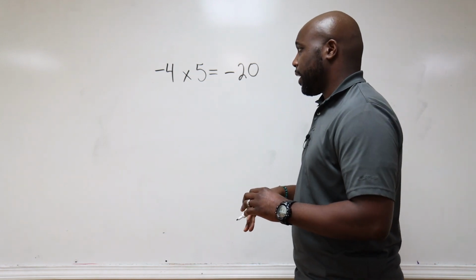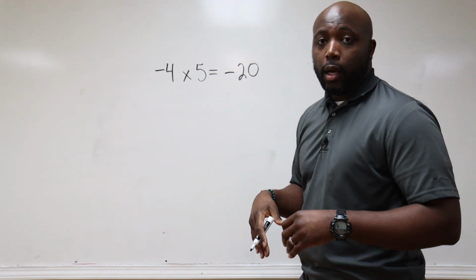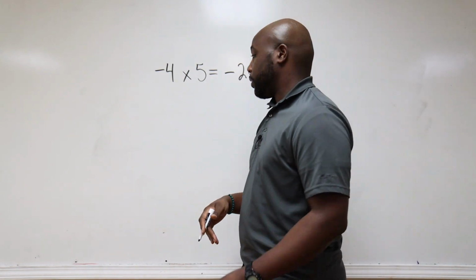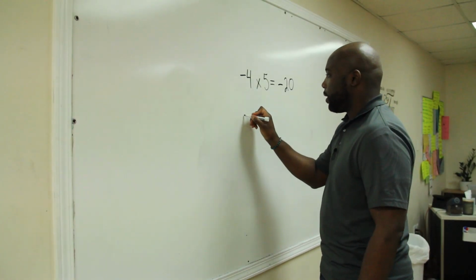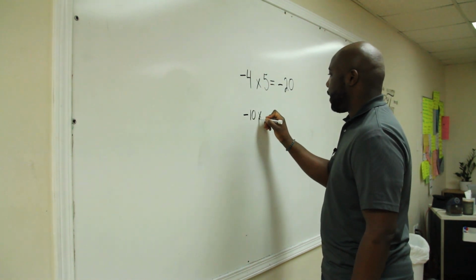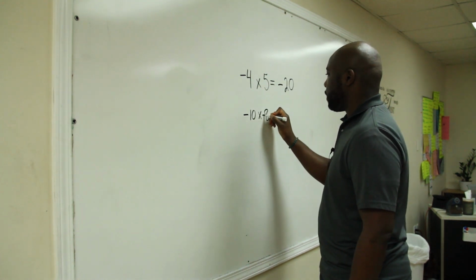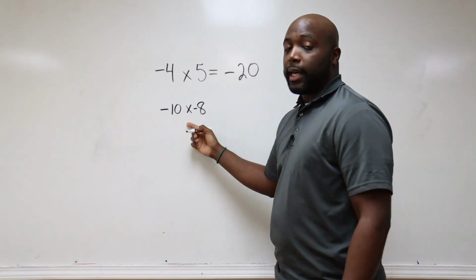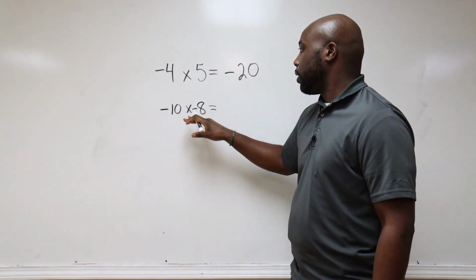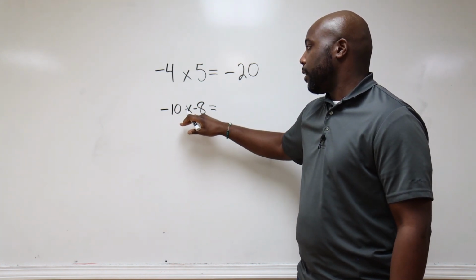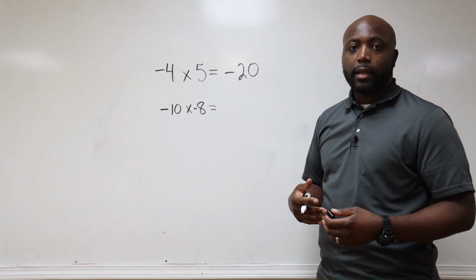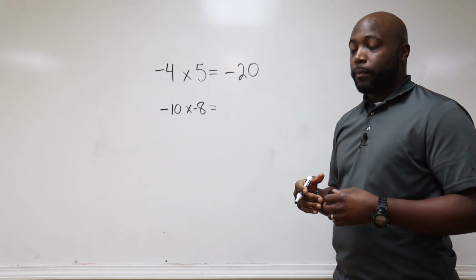Now, let's look at a slightly different rule that includes a negative integer and another negative integer. So what is the solution of -10 times -8? That is two negative integers multiplying by one another.